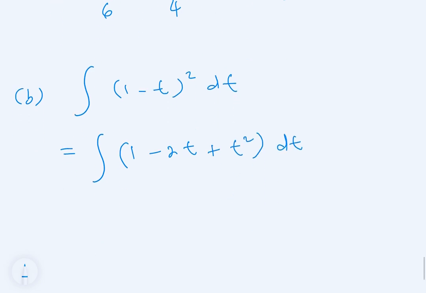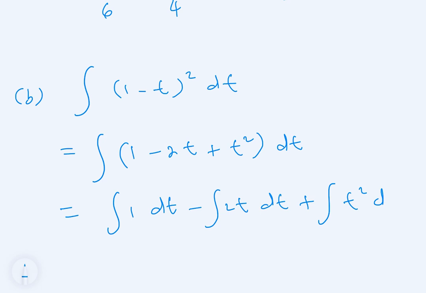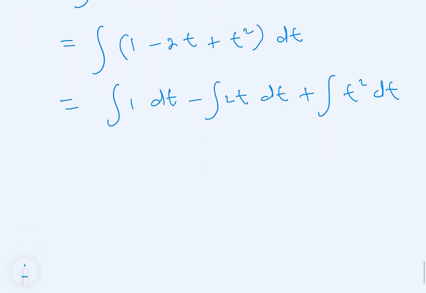So after expanding it, we're going to integrate each term. Integrate 1 with respect to t, minus the integral of 2t with respect to t, plus the integral of t squared with respect to t. So we go ahead and integrate this. The first one, the integral of 1 with respect to t is just t.